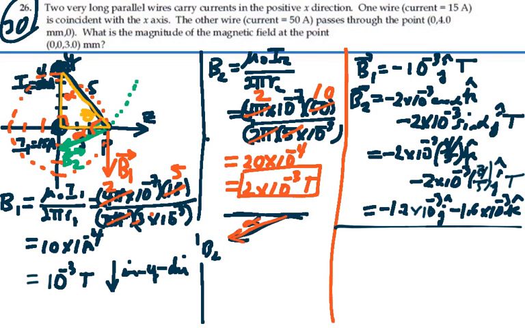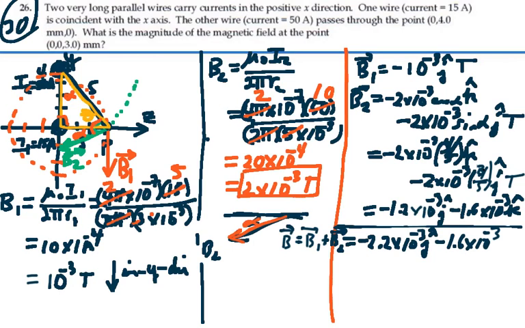So if we look at our total field, which is the sum of these two, that's going to be equal to negative 2.2 times 10 to the minus 3 j minus 1.6 times 10 to the minus 3 k Tesla. The magnitude of this magnetic field is going to be the square root of the components squared and added together.